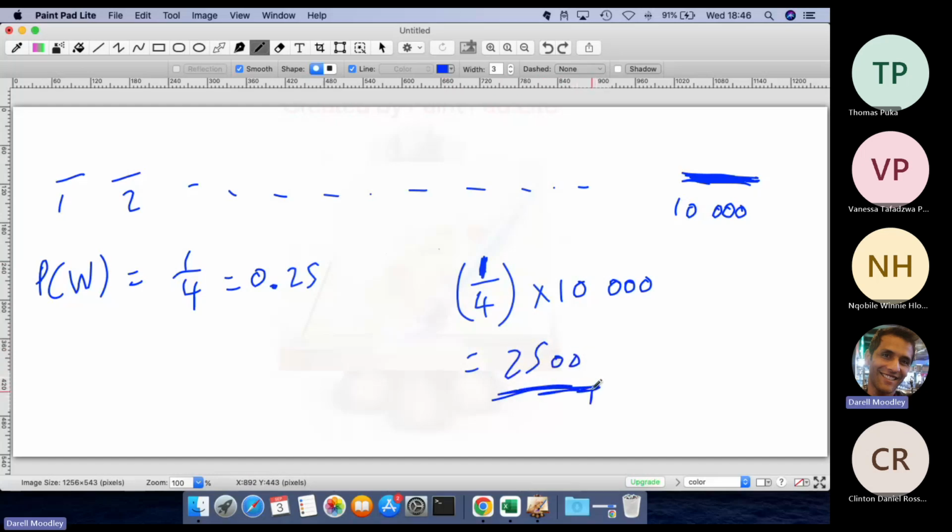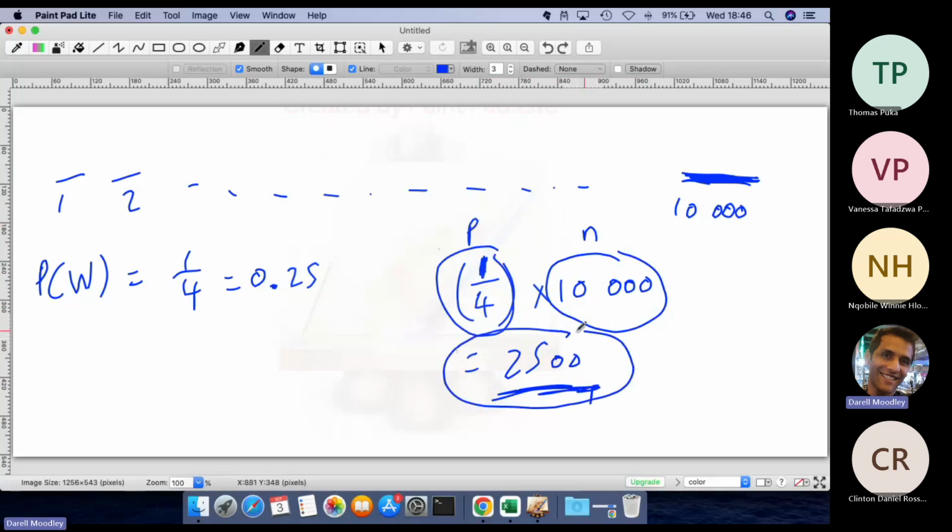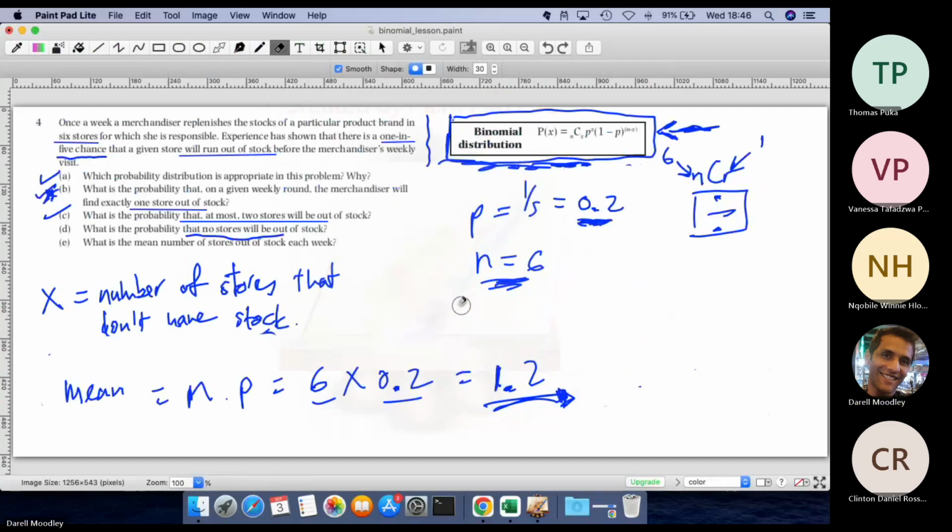So in other words, how you work this out is because this is your p and this is your n: the number of trials times the probability of winning. That's how you get your average. So the average number of times you expect to win is 2,500. It's the exact same principle as what we just did.